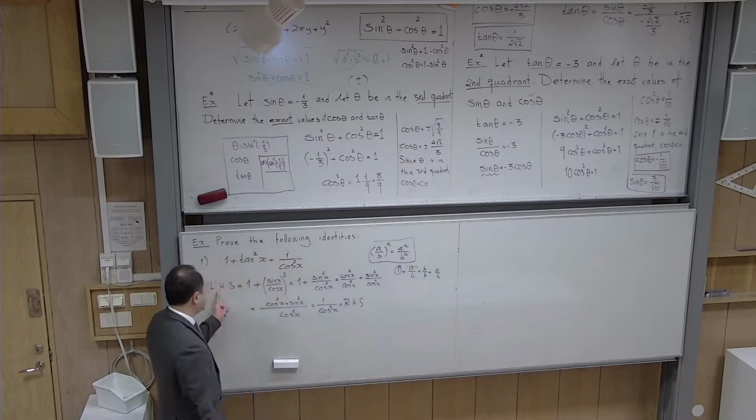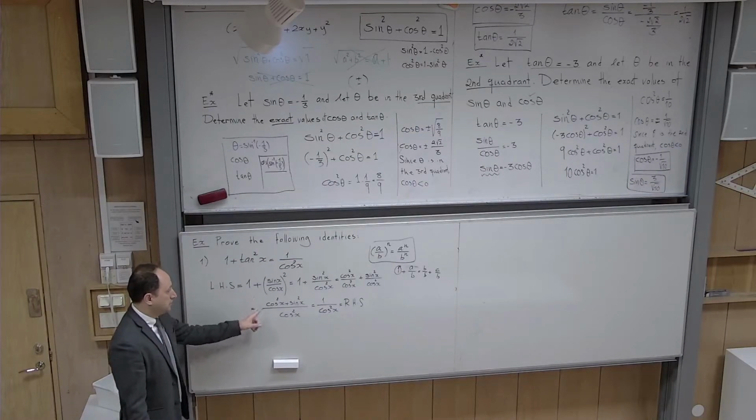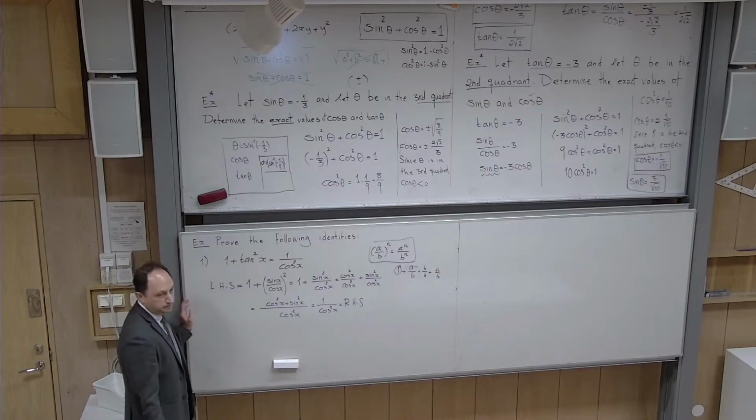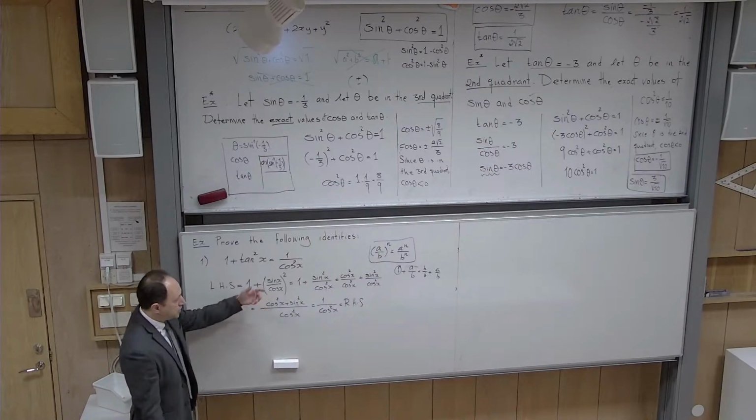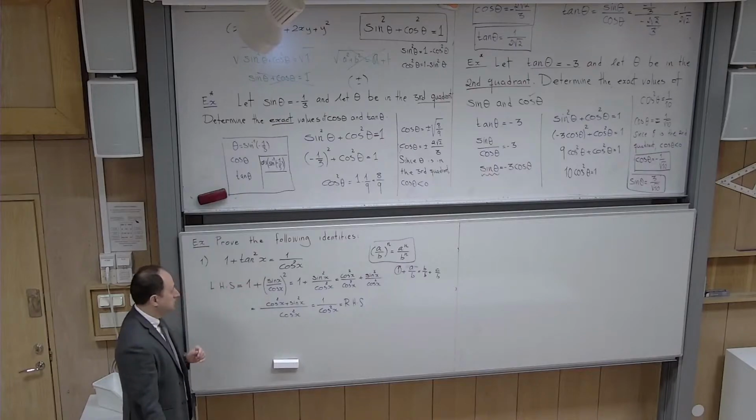Yes? So I was able to start from the left hand side, and then simplify things a little bit. Little by little I reach the other side. So this means that, of course, this is meaningful if cosine is not 0. So as far as cosine is not 0, this equality is guaranteed. So where is this equality not valid?